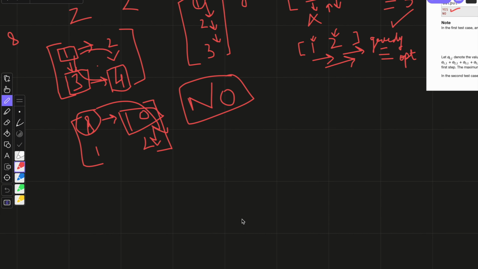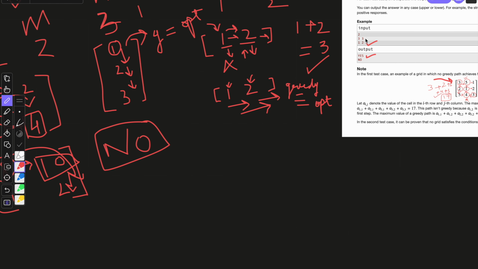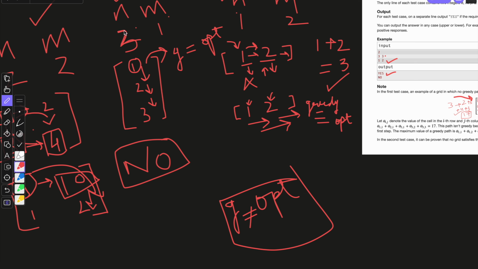But as we have seen in the 3 cross 3 matrix, there are many paths possible. So it will happen that the greedy path and the optimal path are not equal in matrices other than these values of n and m.